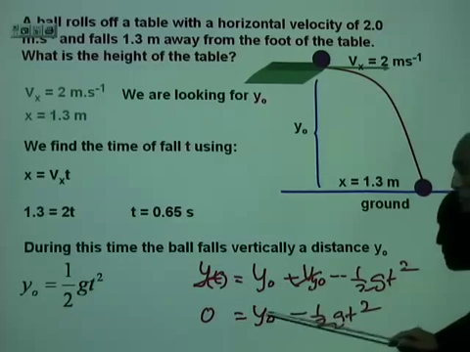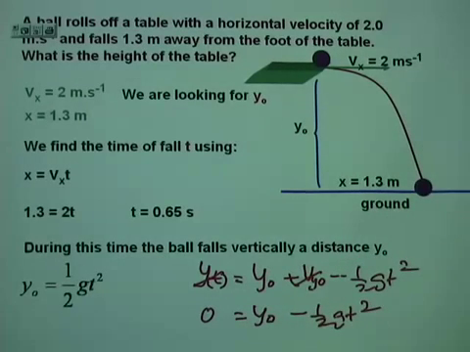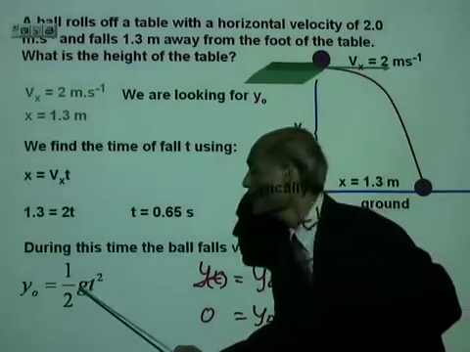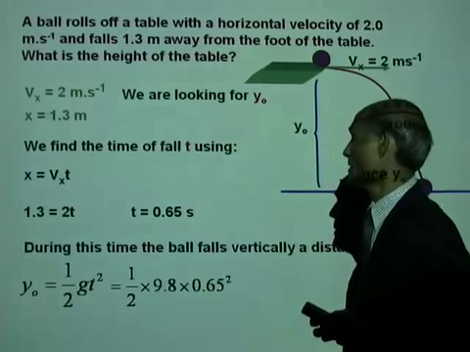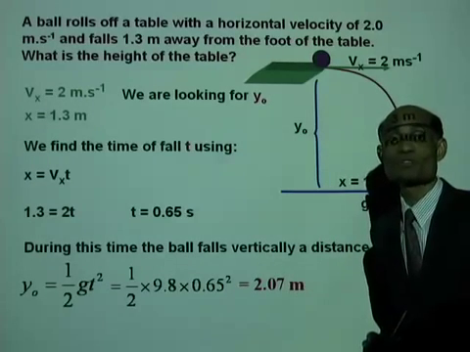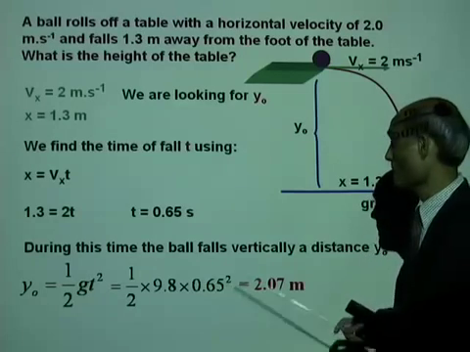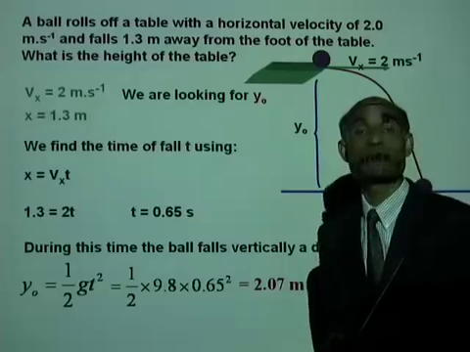And rearranging this gives you y0 equal to 1/2 gt squared. We know the value of g, we know the value of t. Therefore, y0 is 2.07 meter. The height of the table is 2.07 meter.